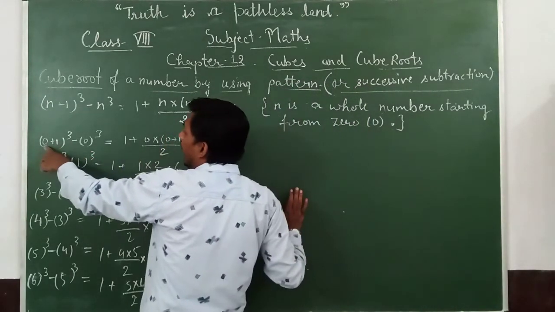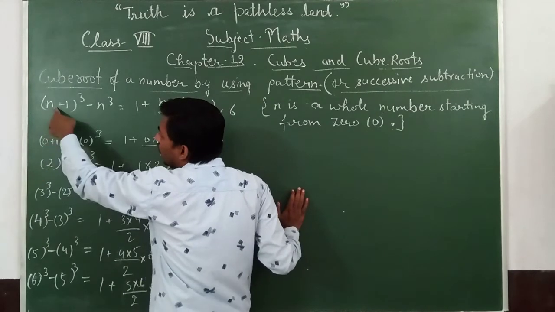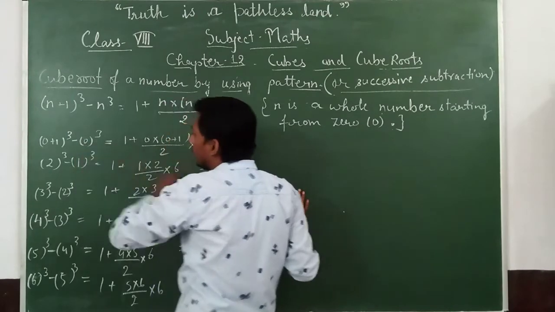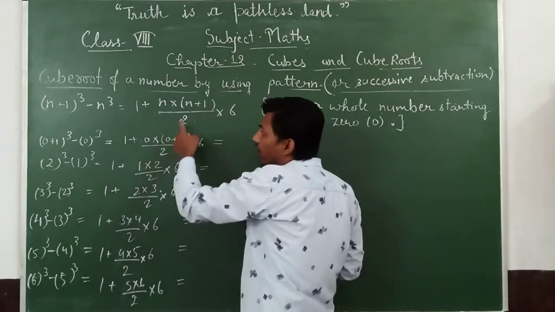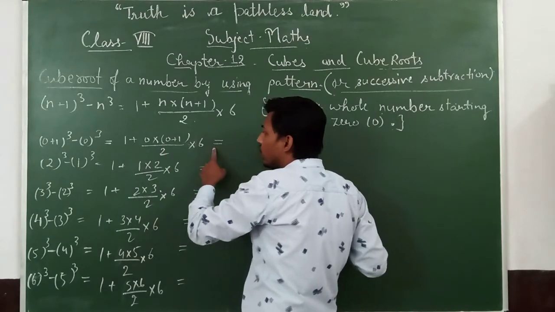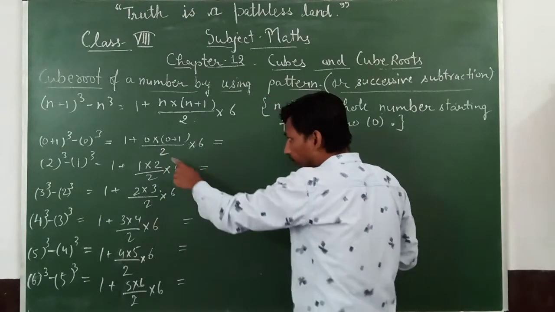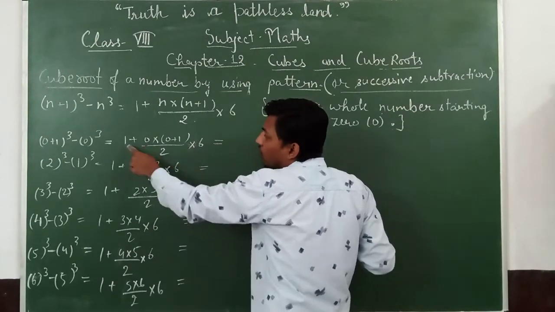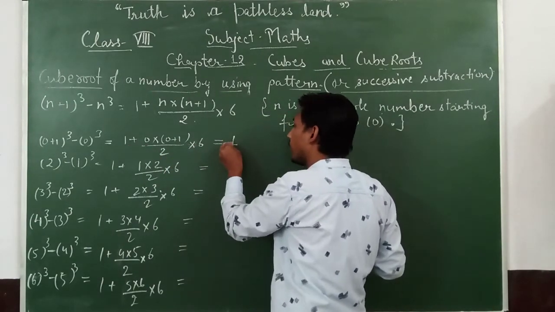So starting from 0, we solve some of the pattern. Take n equals 0, so n plus 1 is 0 plus 1, and the cube of 1 minus the cube of 0. The formula gives 1 plus 0 into (0 plus 1) by 2 into 6. We multiply by 0 and get 0, so 1 plus 0 is 1.